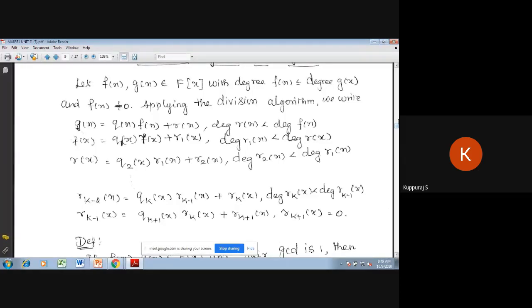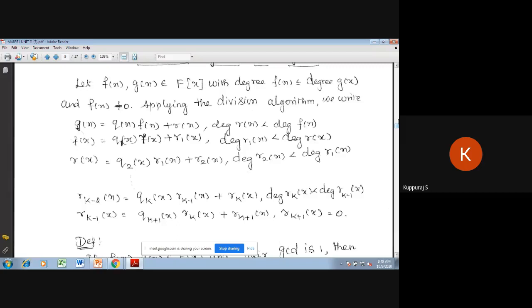So now f of x will be divided by r of x. You can get the quotient polynomial as q1 of x and remainder as r1 of x. So f of x is equal to q1 of x into r of x plus r1 of x. Here degree of r1 of x is less than degree of r of x.